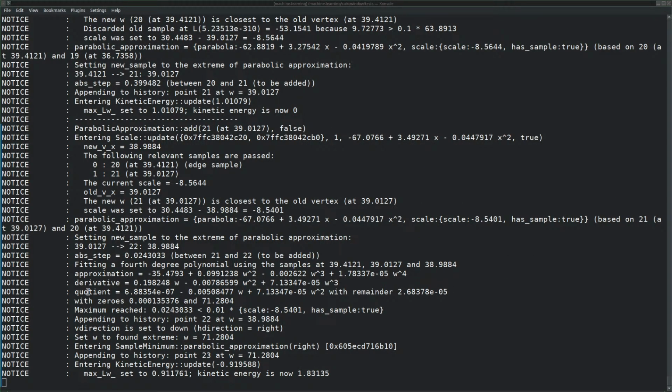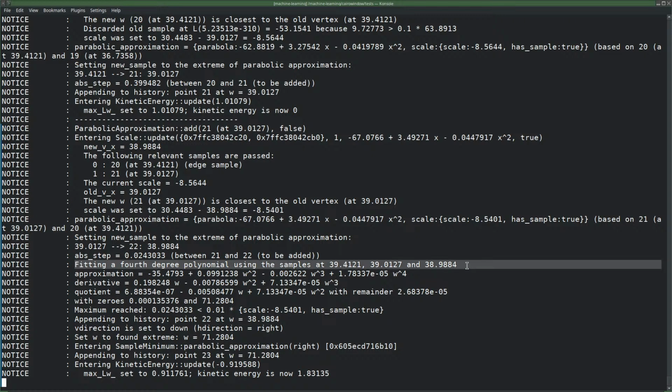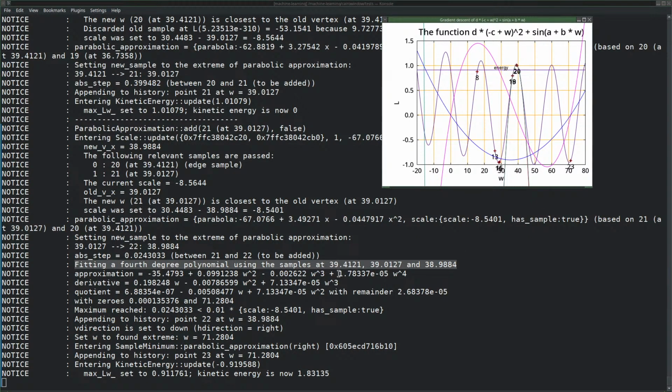This has been based on these three samples, which is not printing the labels of them. Damage 39.4. I guess that's the one in the top here. 39 looks also in the top to me.